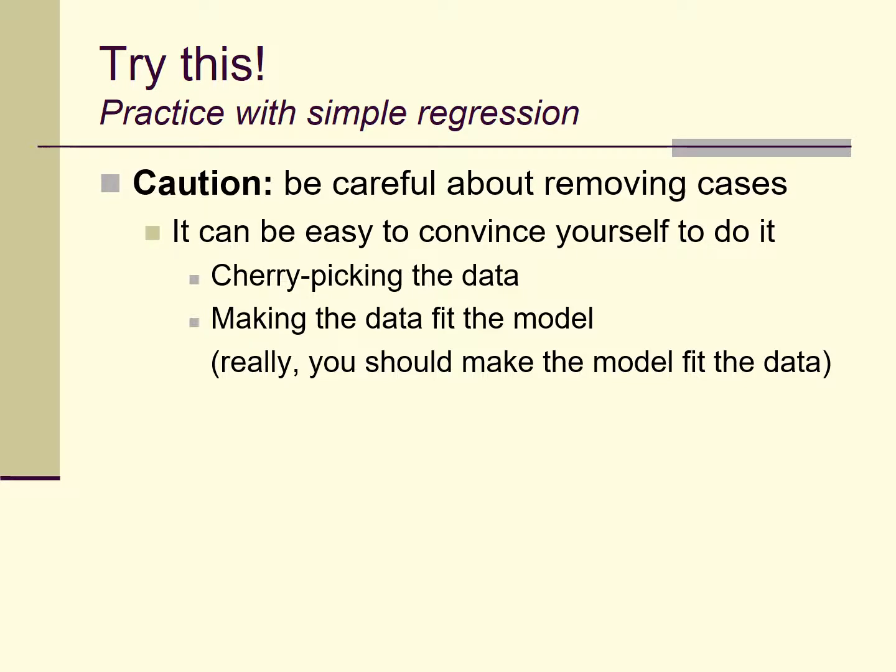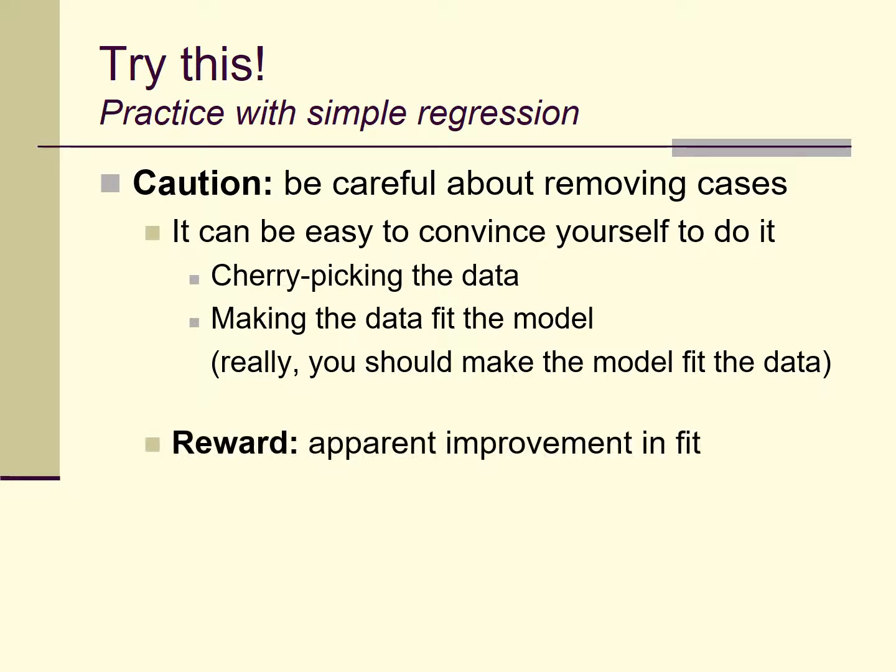It can be easy to talk yourself into cherry picking your data, which makes the data fit the model, when technically what we're really trying to do is make the model fit the data. The data is what it is. Our job as data analysts is to fit a model to it, not to make a model and then remove data until the model looks awesome and fits the data.